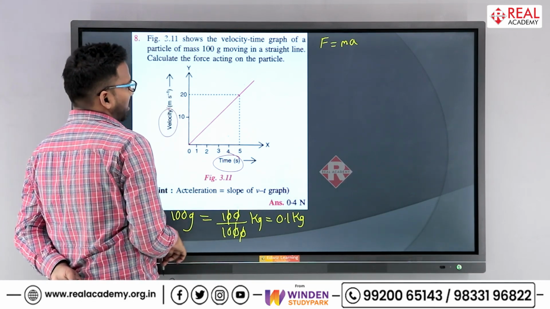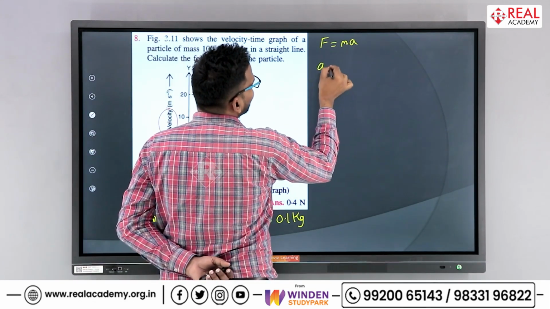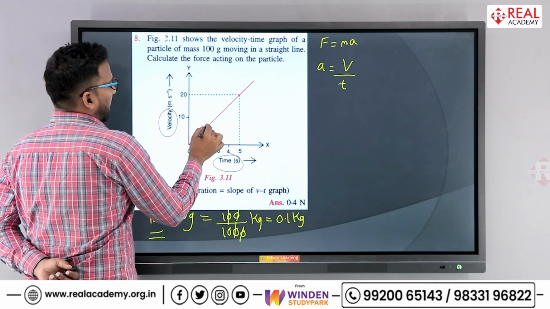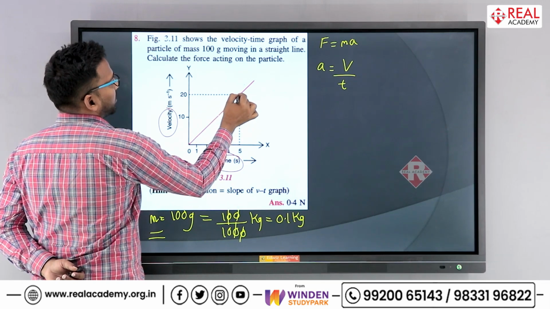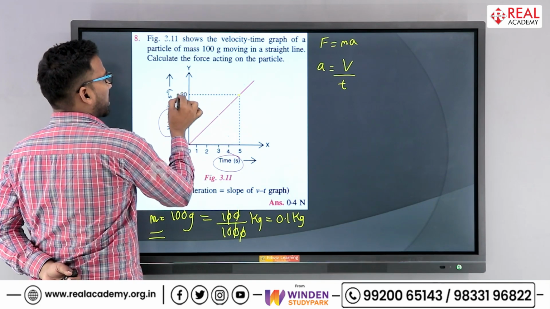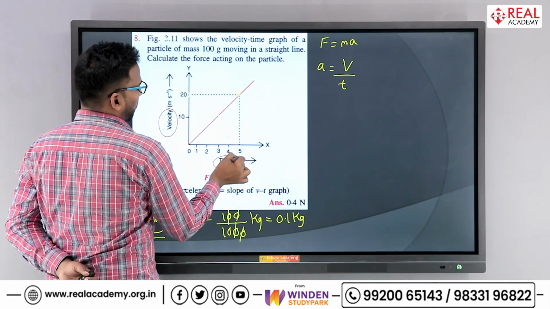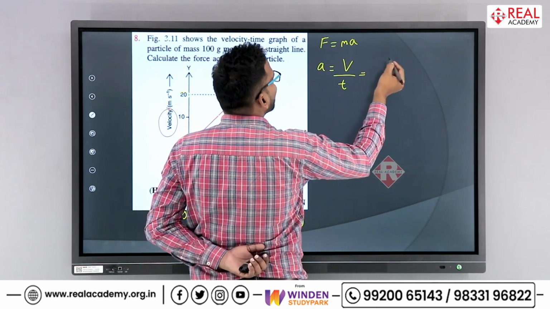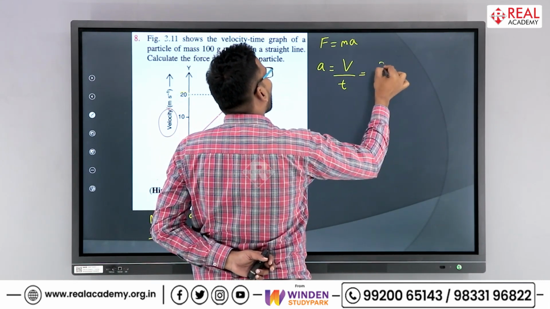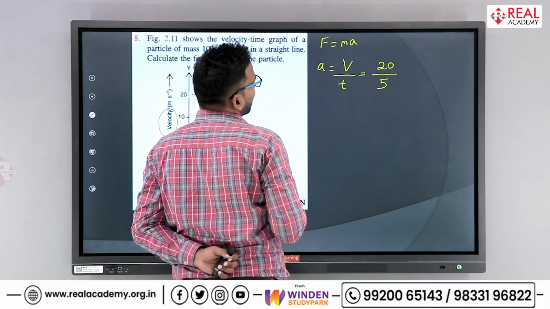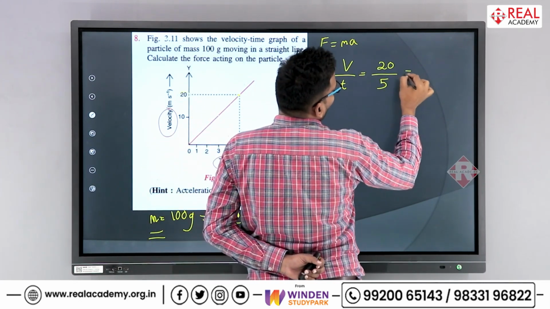How to find acceleration? The acceleration formula is velocity upon time. So take any point on this graph. Suppose we are taking this point. What is the velocity? 20 meter per second for 5 seconds. So velocity 20 meter per second for 5 seconds gives me the acceleration.